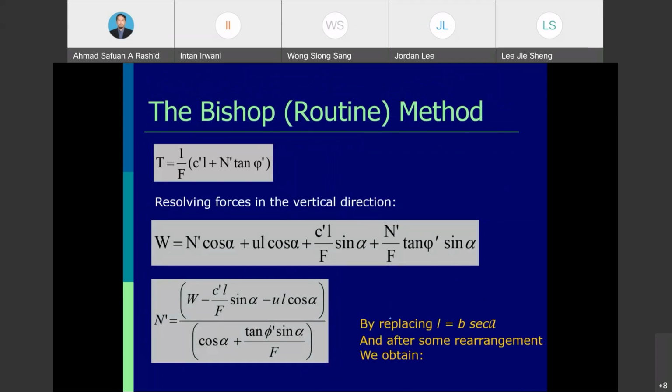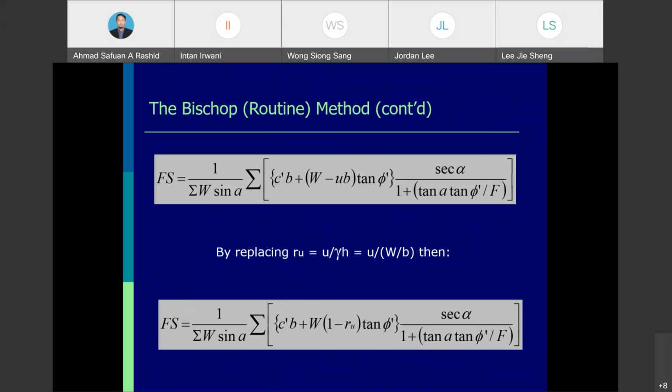However, the Bishop method is very tedious, because we have a factor of safety on the left and also a factor of safety on the right. For example, in this case, this is the factor of safety on the left, while this is the factor of safety on the right. So we need to assume the factor of safety on the right first, and then we obtain the factor of safety on the left.